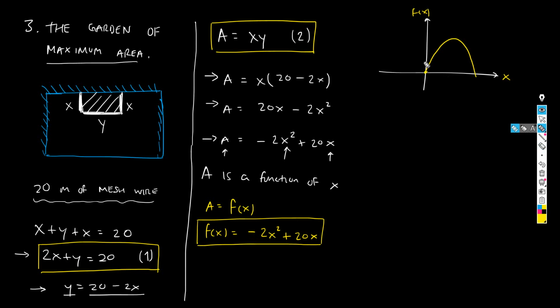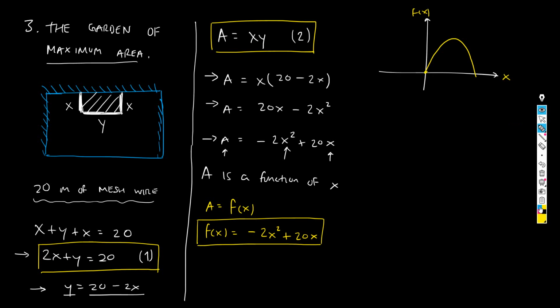Again, one more time, what does this represent? It represents the area of the garden, and x represents this side. So according to how this function behaves, how can I interpret this graph?